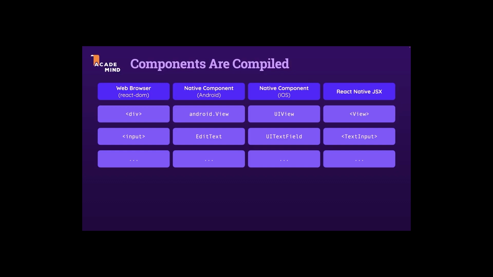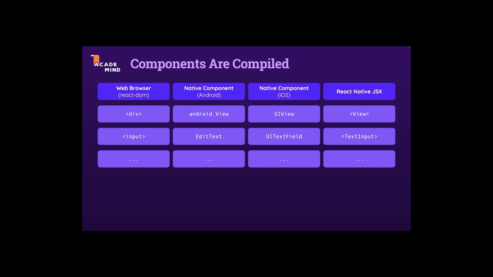So for example, if you want to display an input element where users can enter some text, then when building a web app, we would use the HTML input element, which is available in JSX when we're using React DOM.